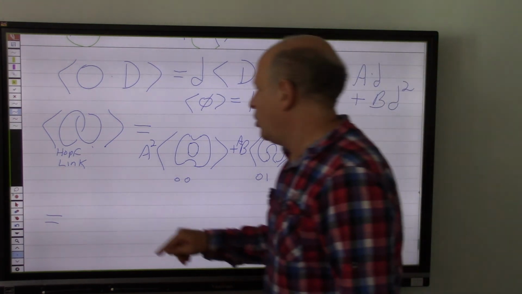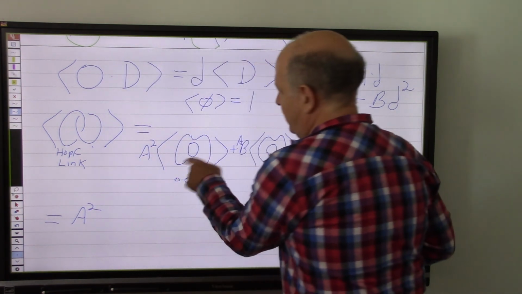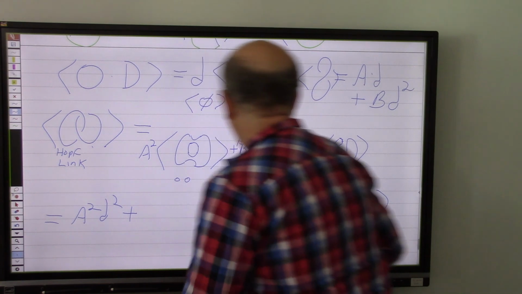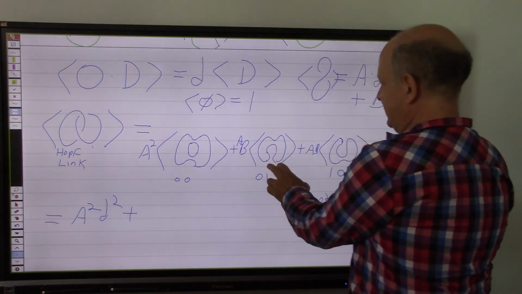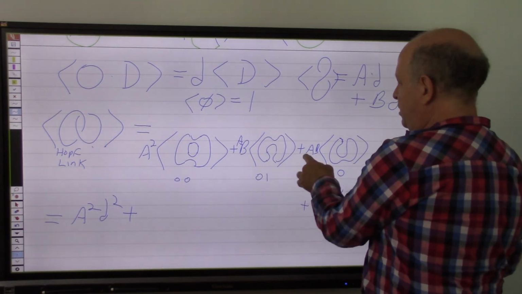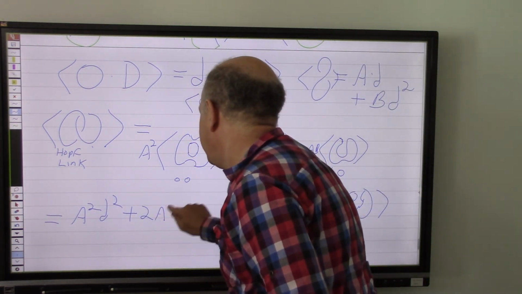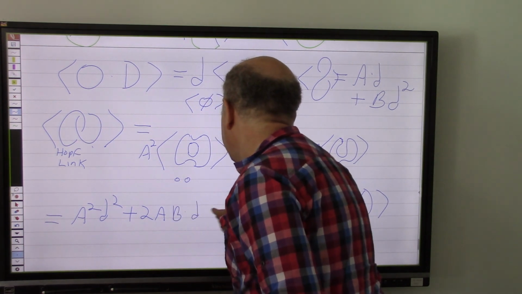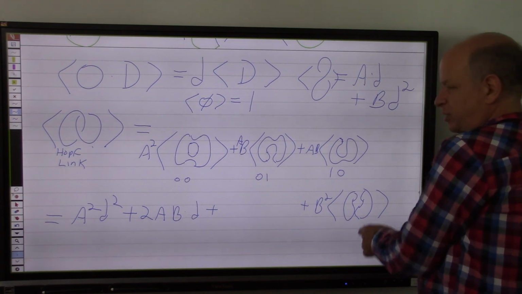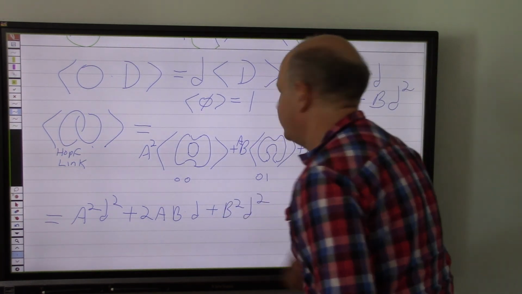And the overall answer is a squared times, here I have 2 cycles, so a squared d squared, plus both of these have only 1 circle at the end, so it's ab times d, both of them, so twice a b d, plus, and here I have b squared and 2 circles, so plus b squared d squared.